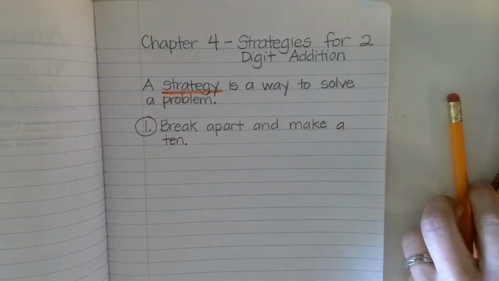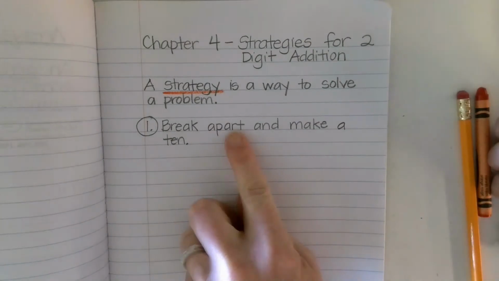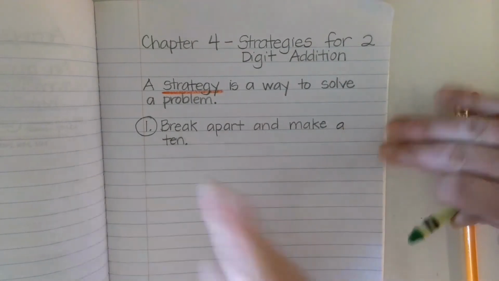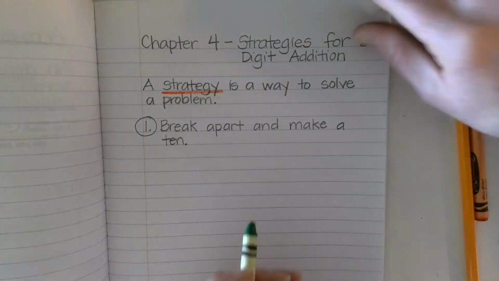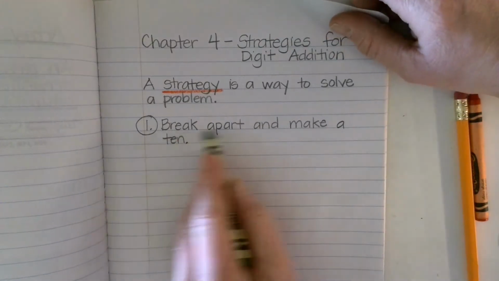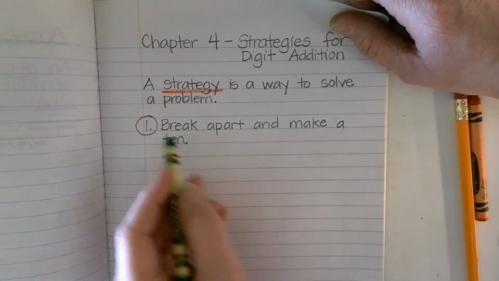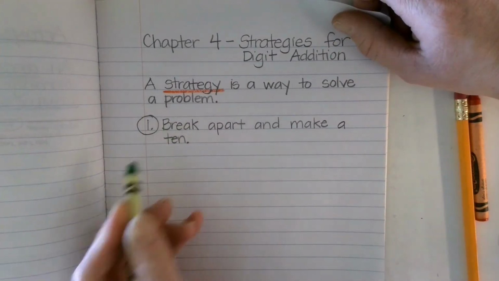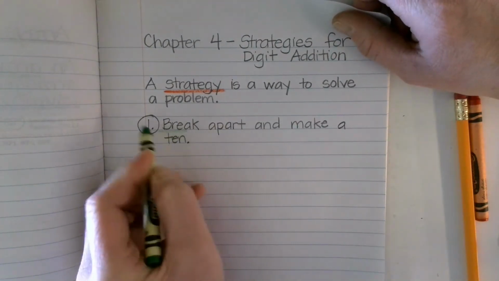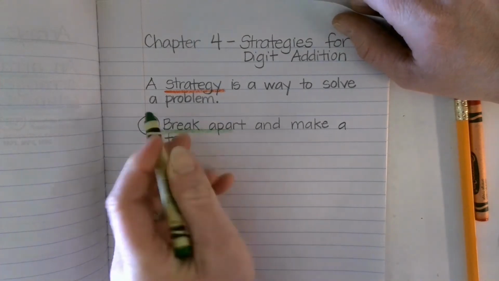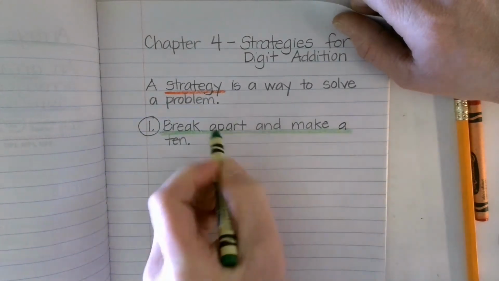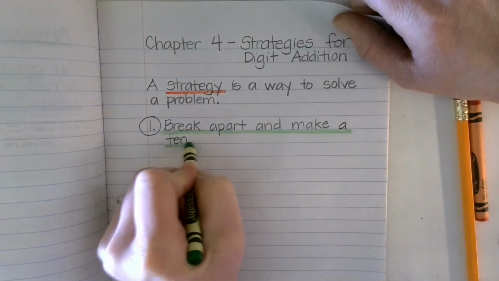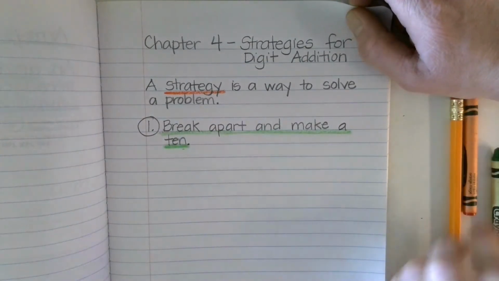And sometimes you might just hear this called the break apart strategy or the make a 10 strategy. Same thing. That's why I included both of them, because it means the same thing. So break apart and make a 10. I'm just going to underline this with some light green here. So that's our first strategy. Break apart and make a 10.